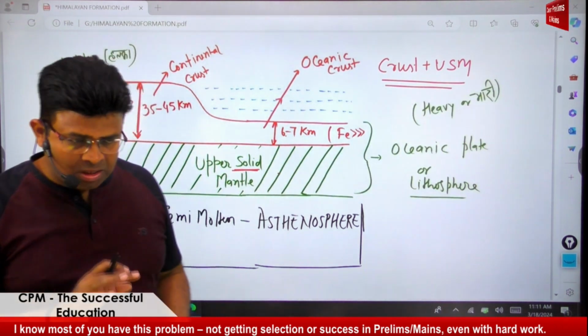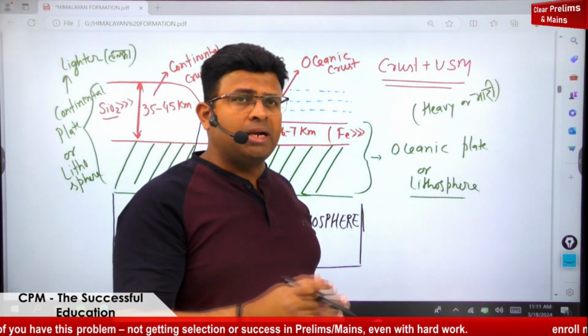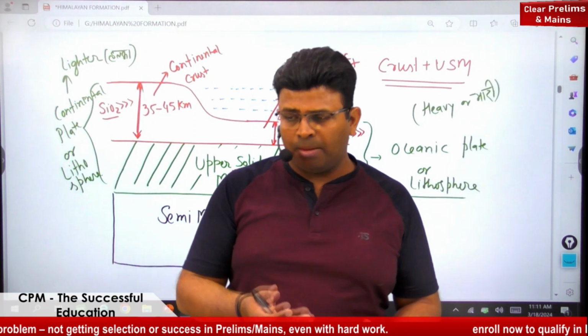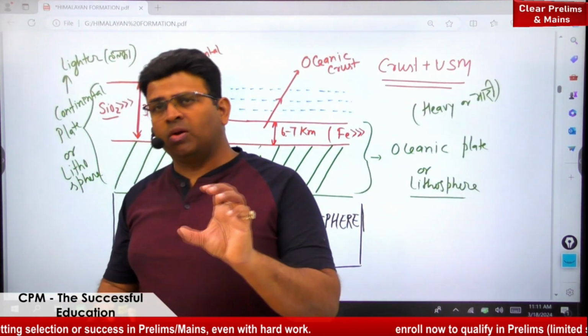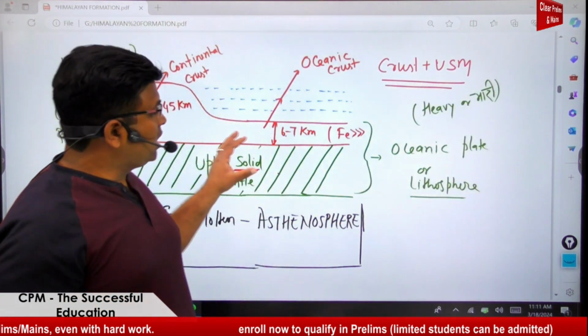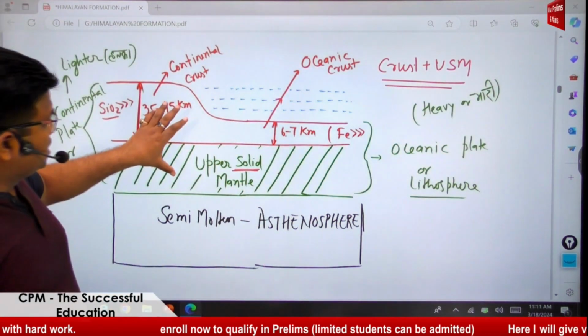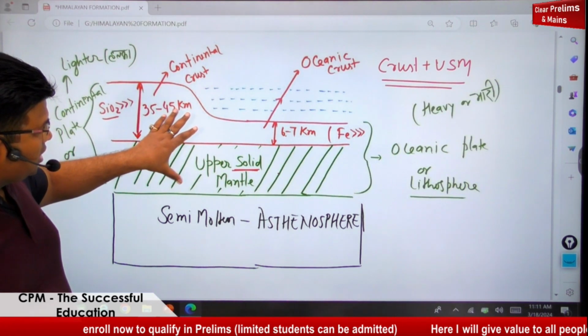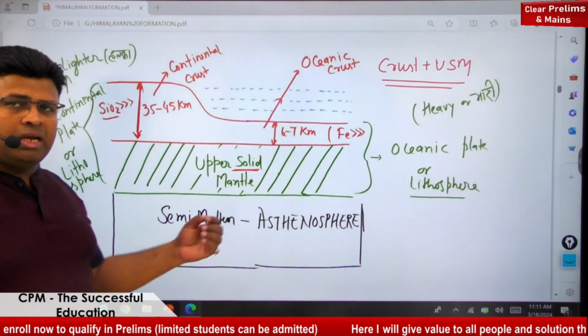It is not only crust, it is also attached to the upper part of the solid mantle, and together they are known as lithosphere or plate. Understood?